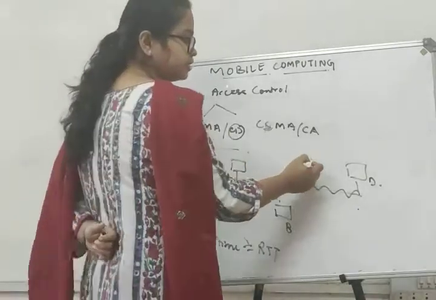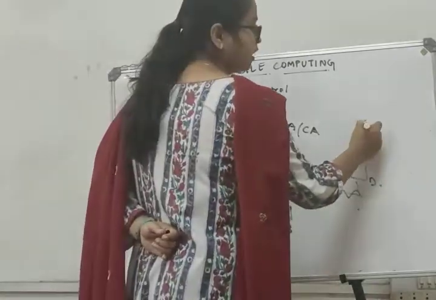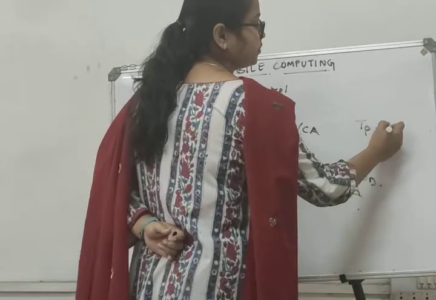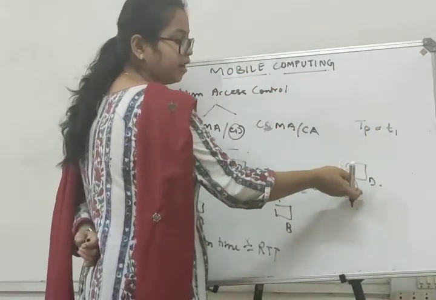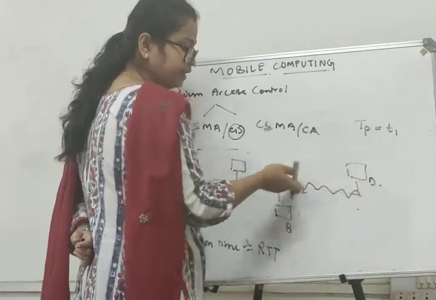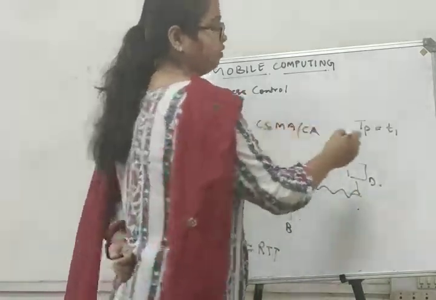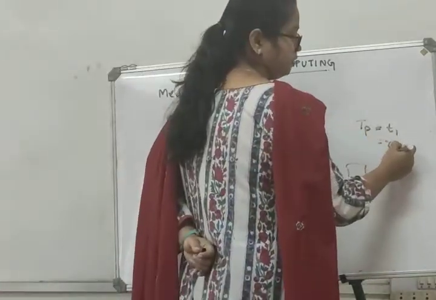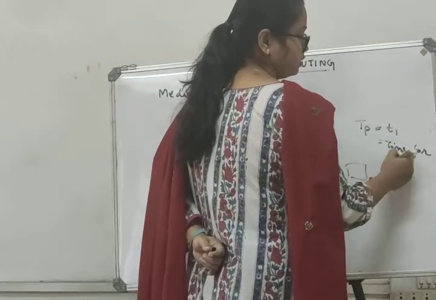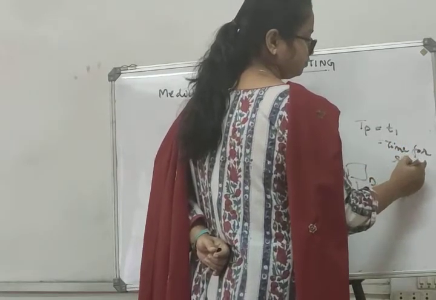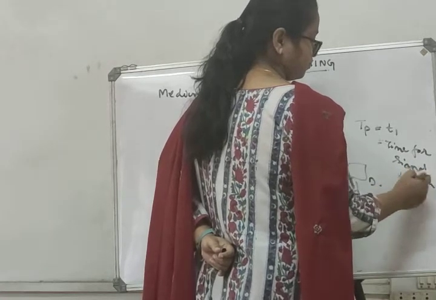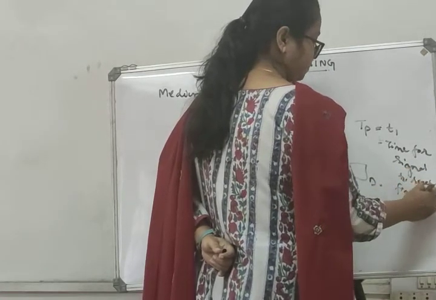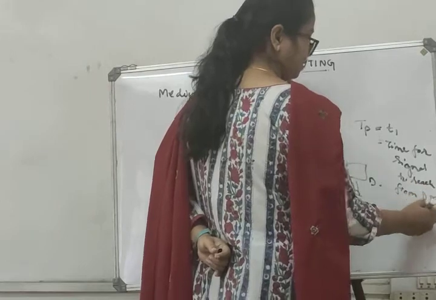Suppose the propagation time TP is T1. T1 is the time for the signal to reach from D to B, isn't it?